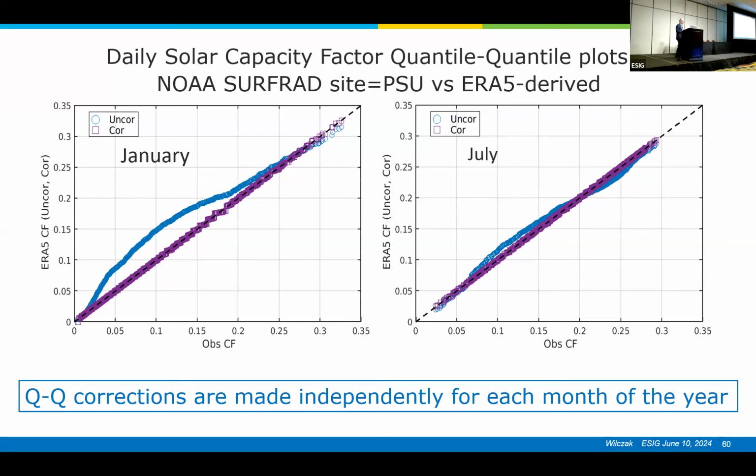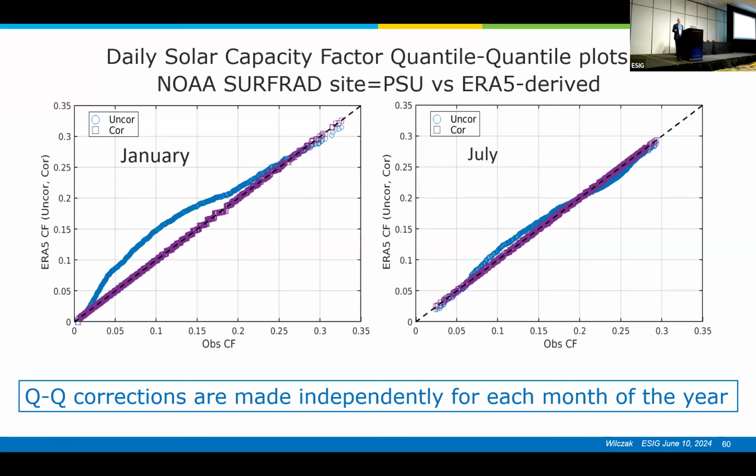You can see it does not in the blue symbols there. And so then what I do is calculate multiplicative bias corrections for different bins of the ERA 5 data. And after you apply those, you end up with the purple data that now does fall along the one-to-one line.